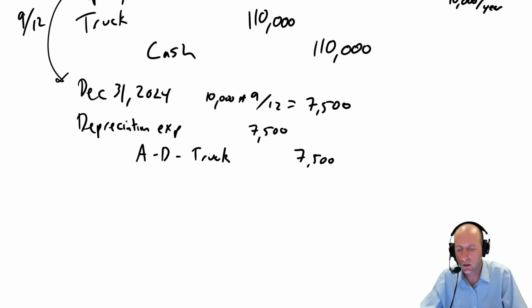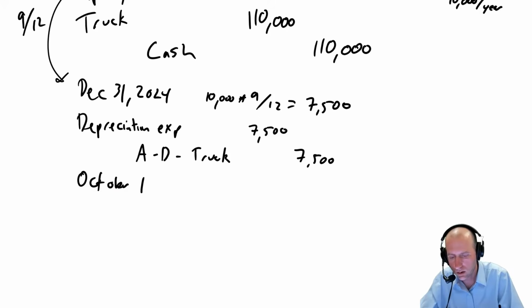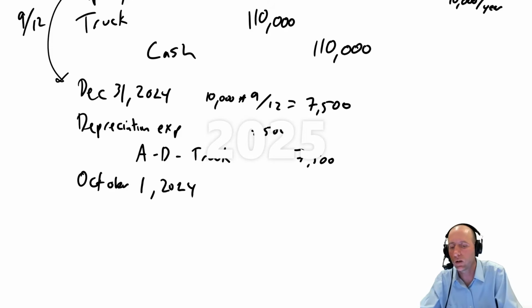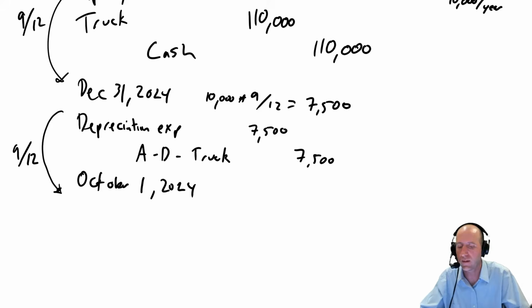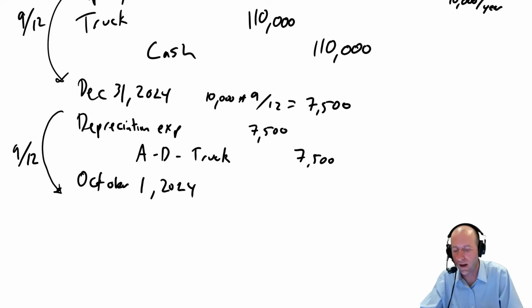So on October 1st, 2025, I need to record depreciation. You record depreciation up to and including the date of the sale. And so from December 31st to October 1st, we said it was another 9 months. I don't love it that it's the exact same amount of time and therefore the same depreciation expense.